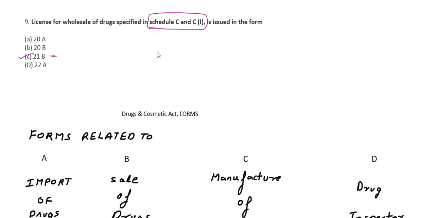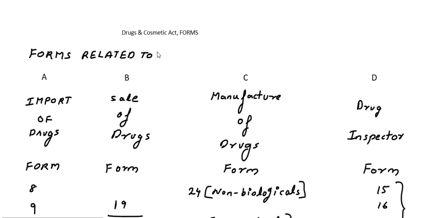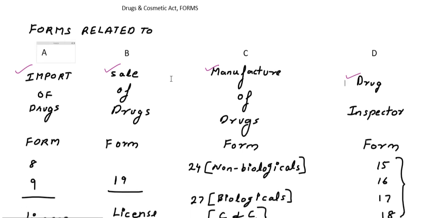So what are the different forms available? There is a form for import of drugs, forms for sale of drugs, and forms for manufacturing of drugs, which are related to the drug inspector. The numbers related to these forms are also important.